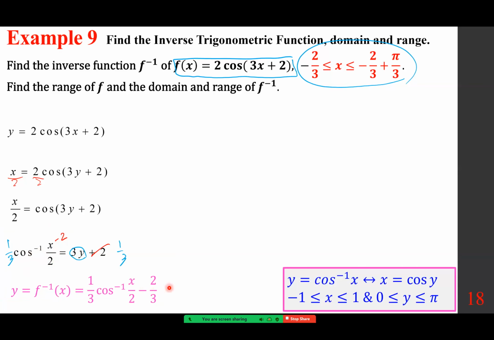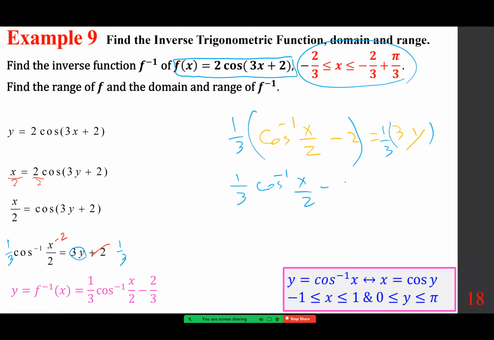Let me write it on the side just to make sure you can see that in case you have problem following that. So cosine inverse of x over 2, we subtract 2 and it becomes 3y. We are going to multiply both sides by 1/3 and we get 1/3 cosine inverse of x over 2 minus 2/3 equals y.